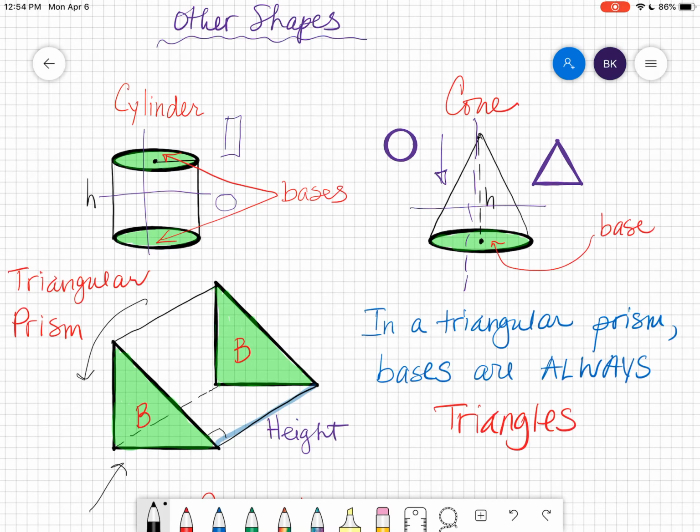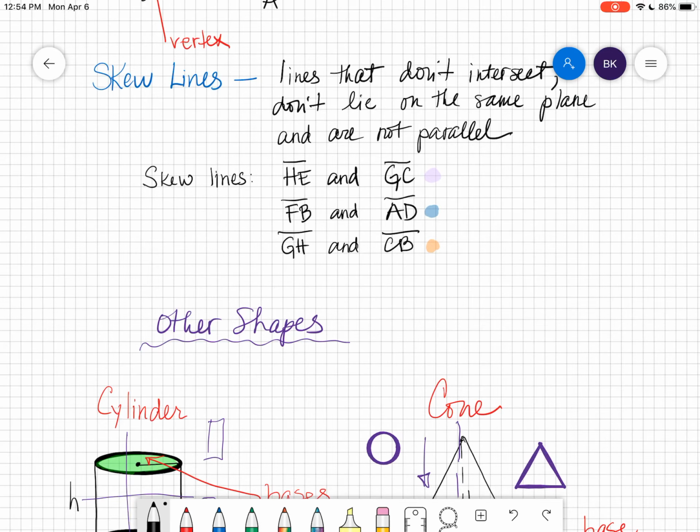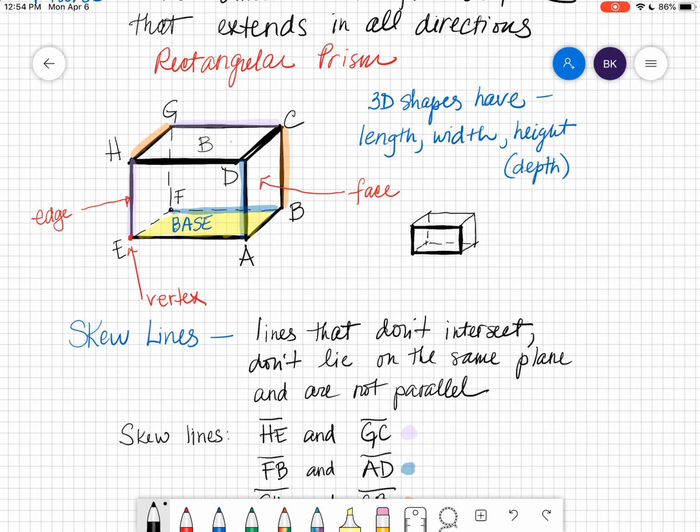Again, the same thing with a triangular prism. If you slice it horizontally, you will see a triangle, and it just depends on the triangular prism. You'll see different shapes. So again, please watch my videos that I attached. It describes cross sections a little bit better and in more detail.